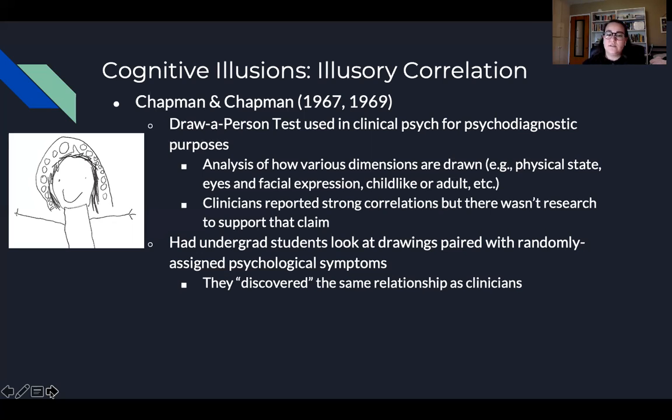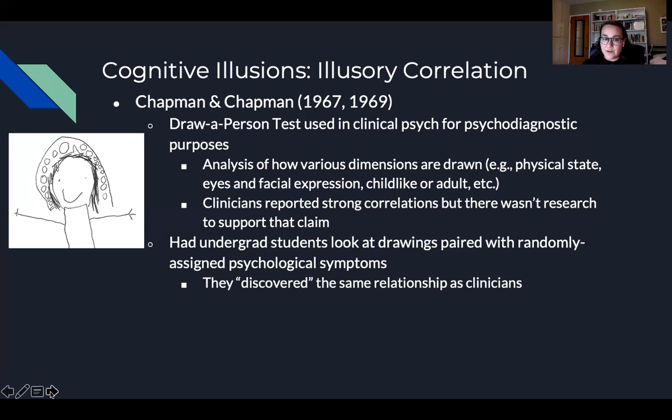And so because the drawings and the symptoms were just randomly paired, it appeared that the undergraduate students shared this sort of pre-existing bias as to what the relationships would be in the data.